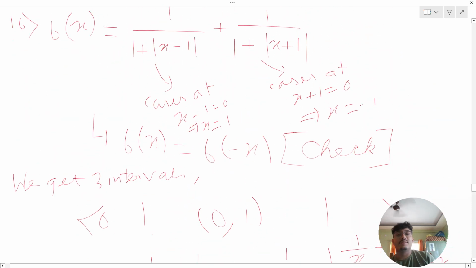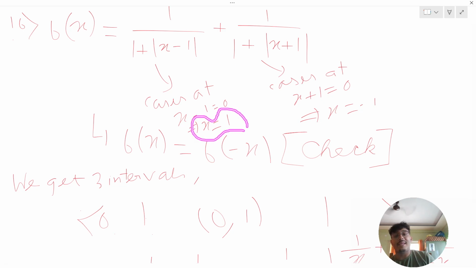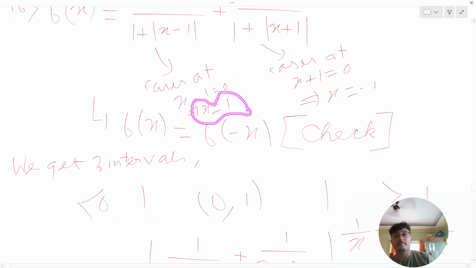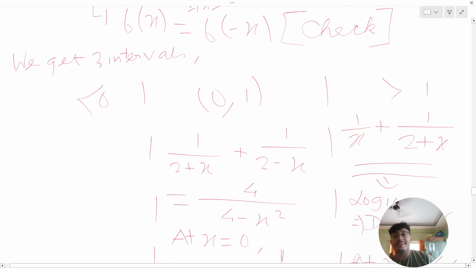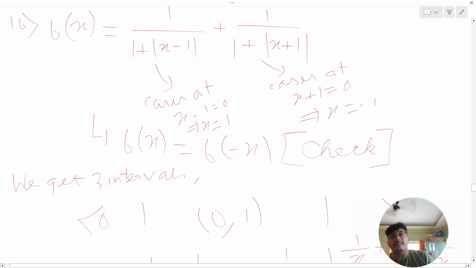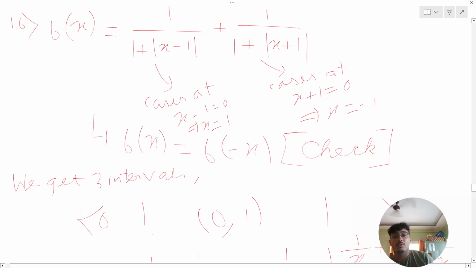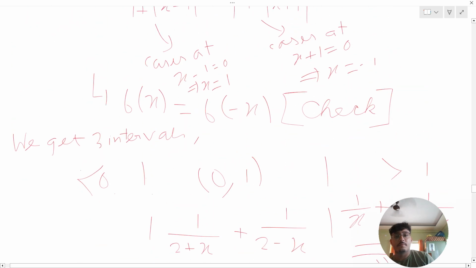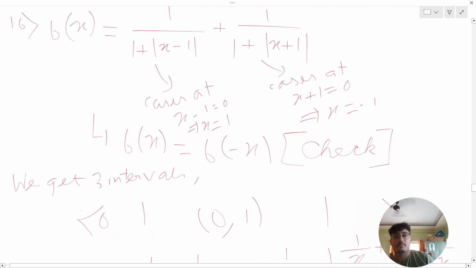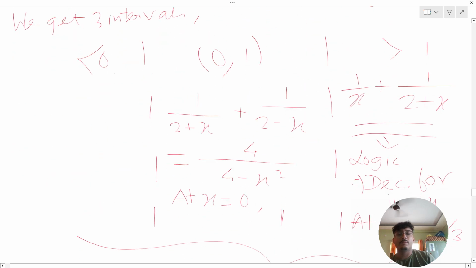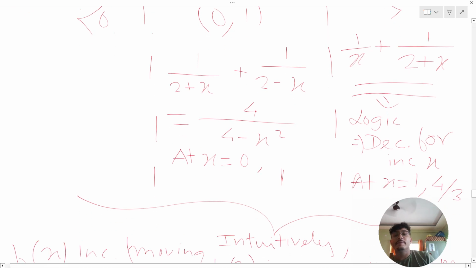Between 0 to 1, this thing becomes negative, since this thing is only positive if my x is 1 or greater than 1. So this thing becomes minus of x minus 1, and similarly, this becomes 2 minus x and this becomes 2 plus x. So we calculate this, we get it to be 4 by 4 minus x square.